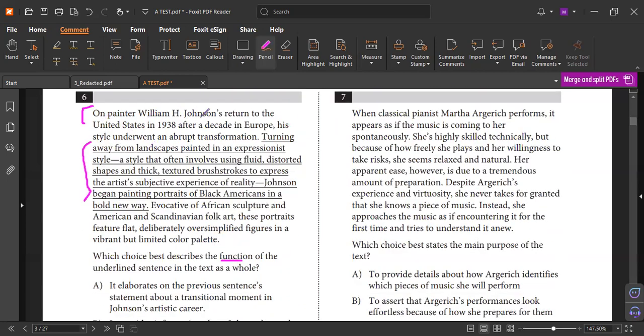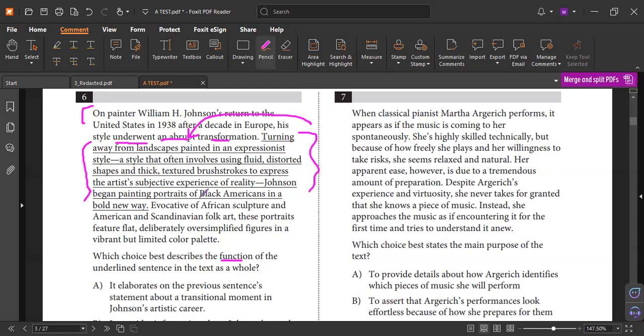Here on, return to, okay, his study, his style underwent, and underwent suffered from what? An abrupt transformation. Abrupt means something sudden happened. Something happened without planning. So turning away from landscapes. So this sentence explains how the abrupt transformation happened.